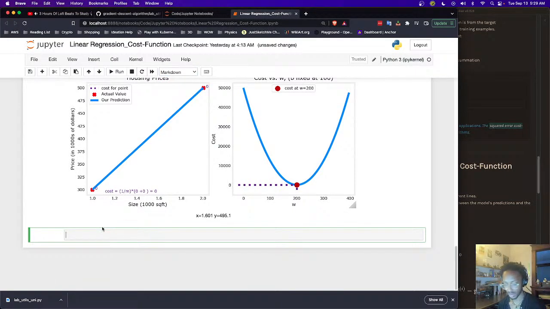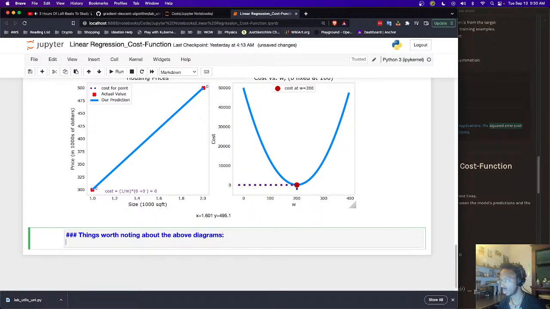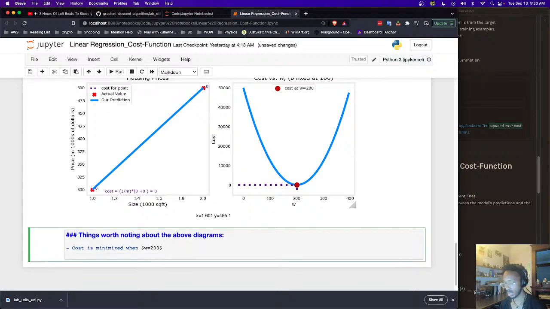Things worth noting above diagrams: cost for this is minimized when W equals 200.